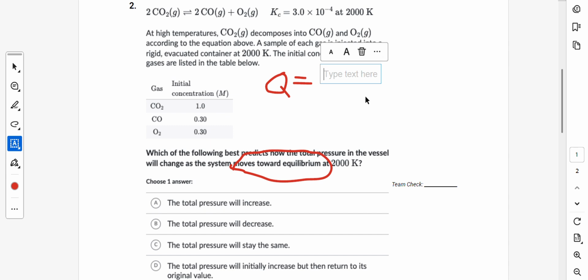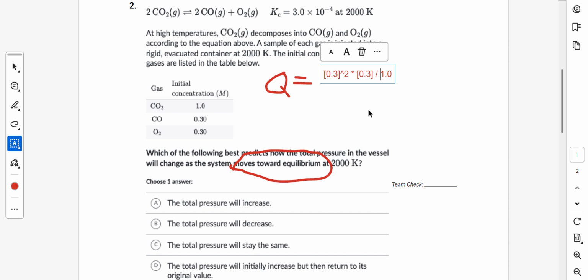Okay, so my products are carbon monoxide, 0.3, and that's going to be squared, because we have a coefficient on that one, and that's going to be times oxygen, which is 0.3, and all that is going to be divided by what's on the bottom, because it's products over reactants, carbon dioxide, which is 1.0.